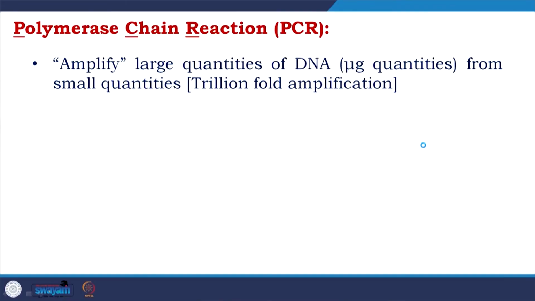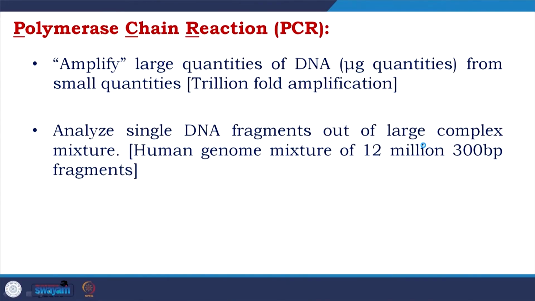So, what is PCR? It amplifies large quantities of DNA, at the level of microgram to milligram, from small quantities. Generally, there is trillion-fold amplification. So, you get a very tiny amount of DNA, and with the help of PCR, now you could get a handful to do your further experiments.